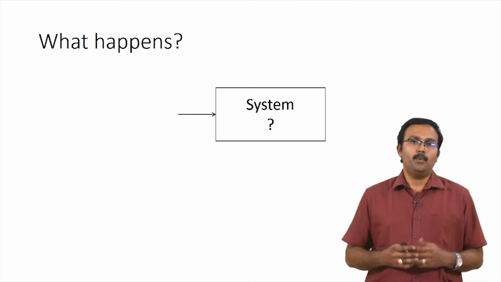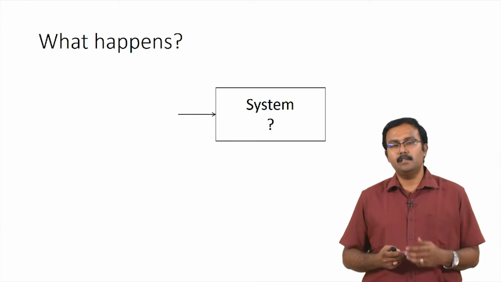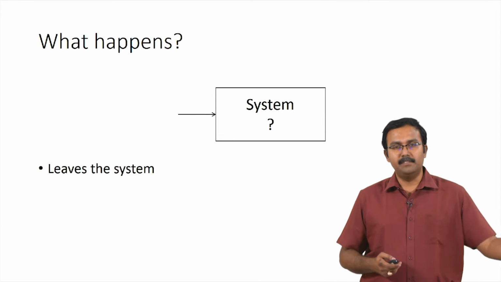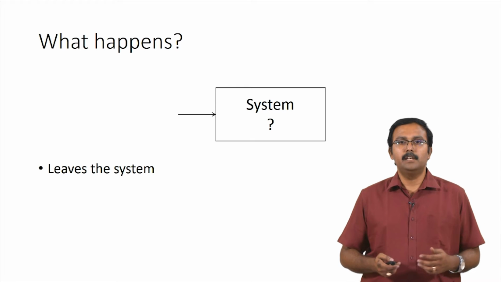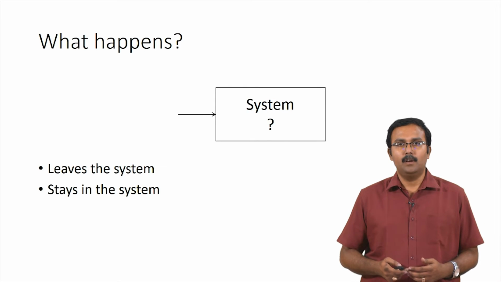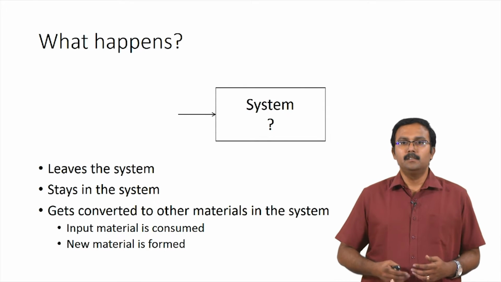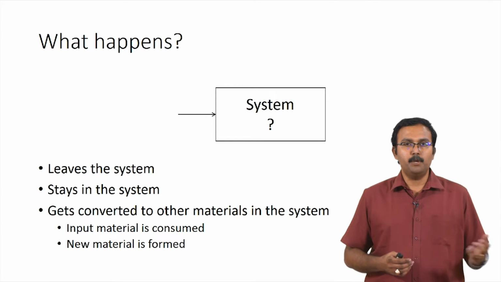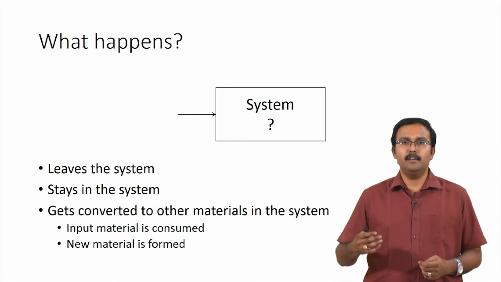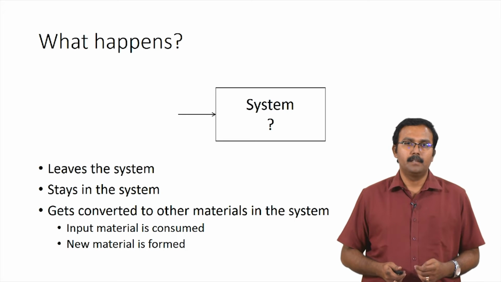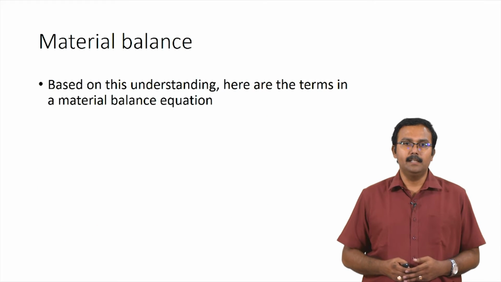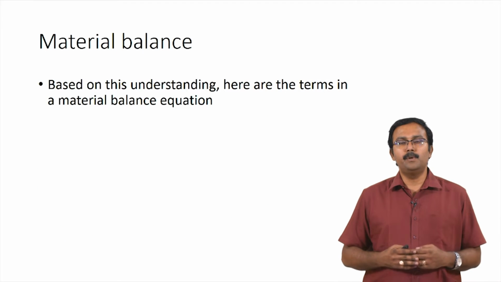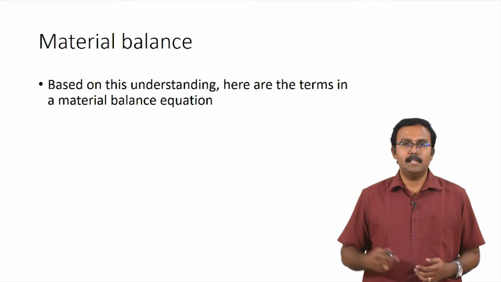Let us see what can happen when a material enters into the system. It could either leave the system, or it could stay back in the system, or it could get converted to other materials in the system. In this case, the input material will be consumed and new material would be formed. Based on this understanding, here are the terms which we would be using in the material balance equations.